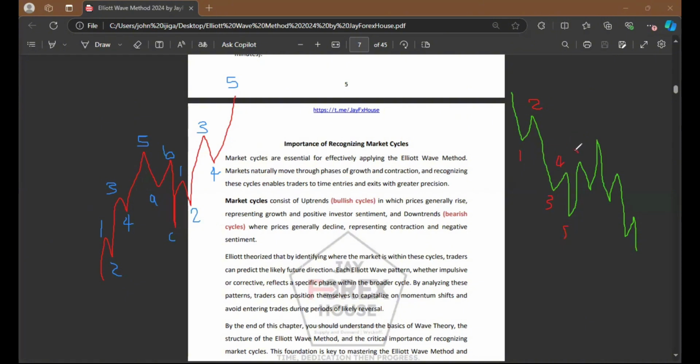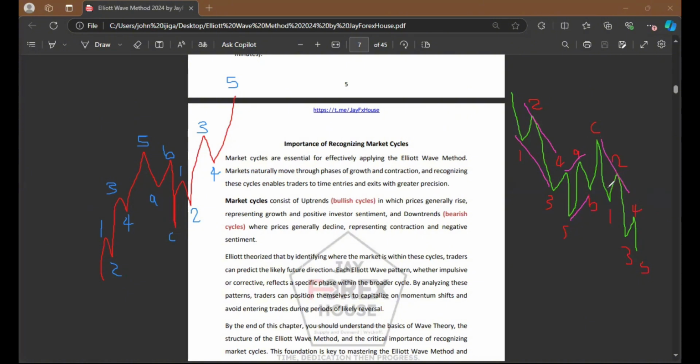And then this would be A, B, and C. One, two, three, four, and then five. So you see, this was what we would call an impulsive bearish market with a corrective bullish retracement.